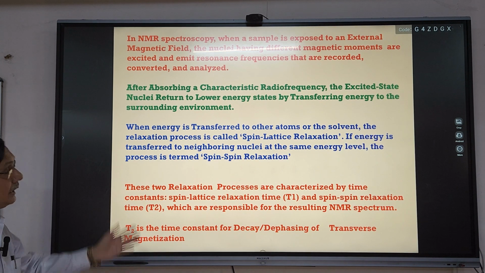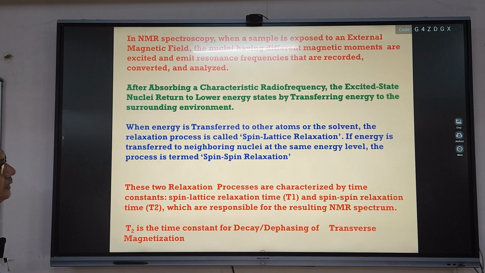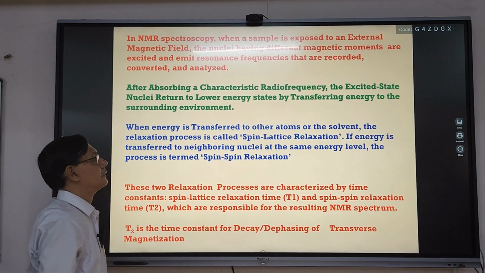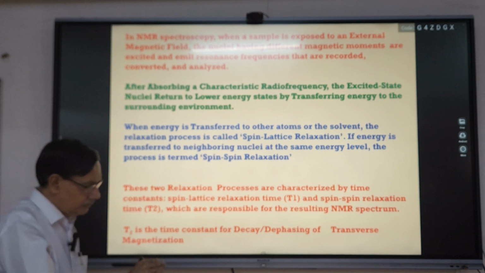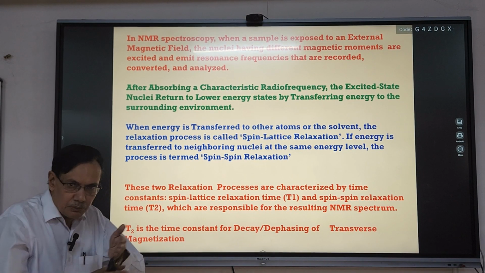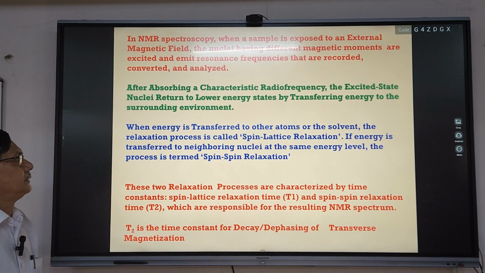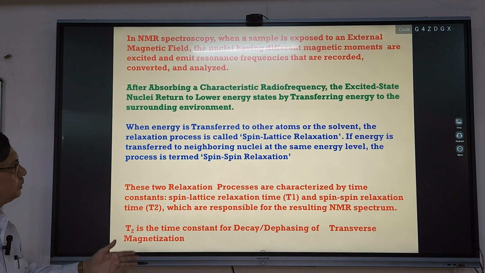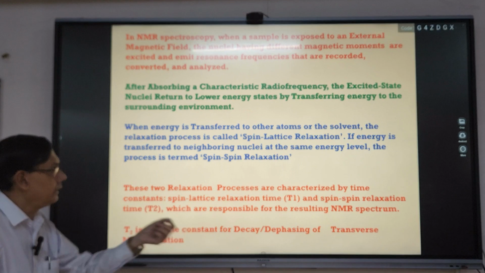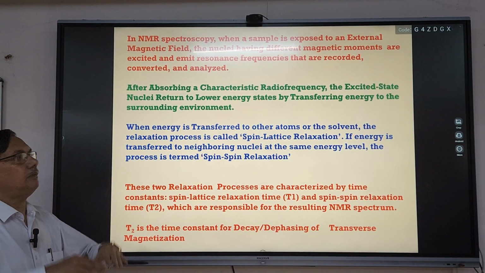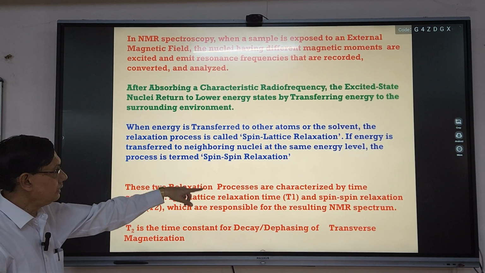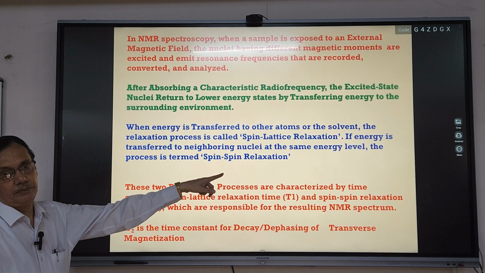Sometimes it is called the longitudinal relaxation, and there is another type of relaxation called transverse relaxation. In that case, energy is transferred to the neighboring nuclei, spin to spin, at the same energy level, and that is also referred to as spin-spin relaxation.